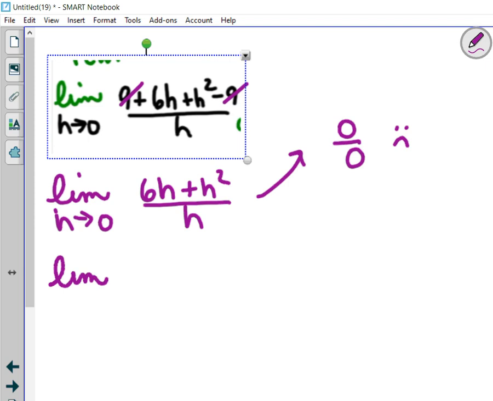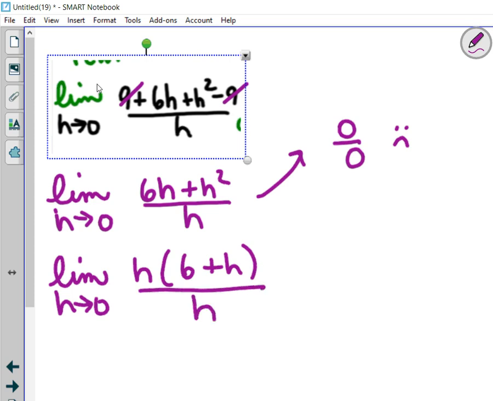So if I factor out an h in the numerator, then the h in the numerator and the h in the denominator divide away. And so now the problem looks like this.